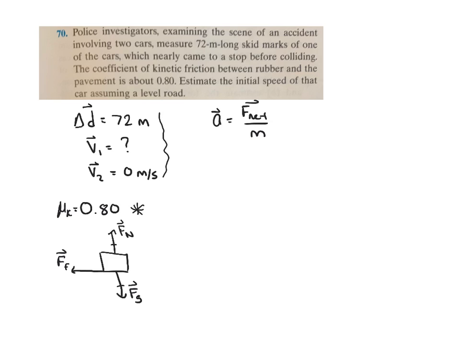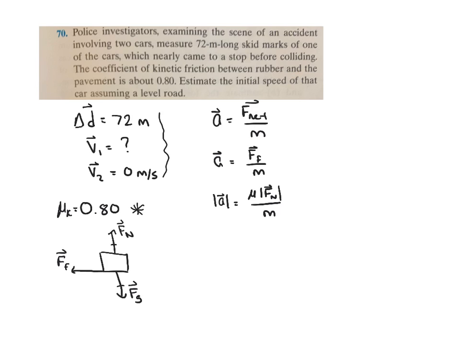Well, since normal and gravity cancel out, the net force is actually the force of friction. Okay, the net force is the force of friction. And we know the formula for the force of friction. It's mu times the normal force. So I replace the force of friction with mu times the normal force.